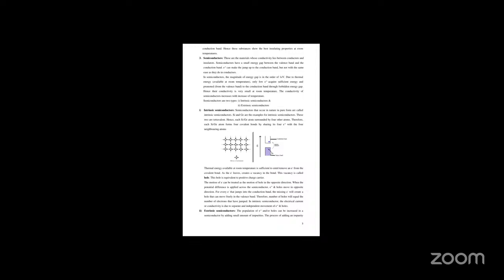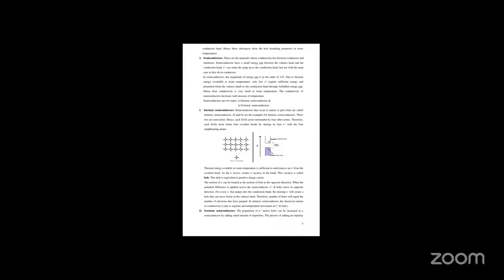These semiconductors are again of two types: intrinsic semiconductors and extrinsic semiconductors. Intrinsic means the semiconductor material is made up of the same kind of element. There are no impurities, only pure elements.